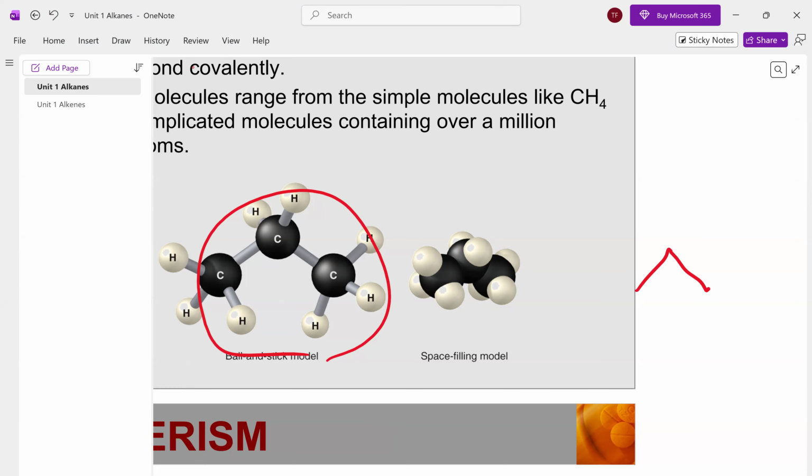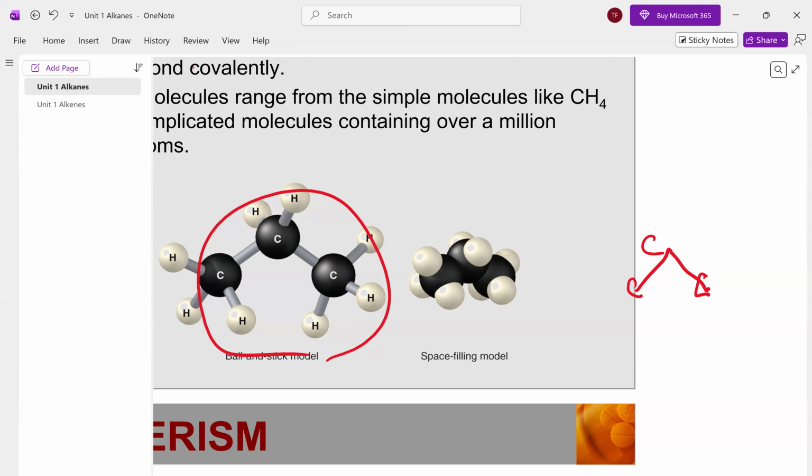Now, students in the beginning sort of don't like the line drawings, and after a while they go, every textbook I've used, except the one that provided these PowerPoints, uses line drawings. So the deal is a carbon is located at the beginning, at the end, and in every kink. 3 kinks, each one of those is a carbon.